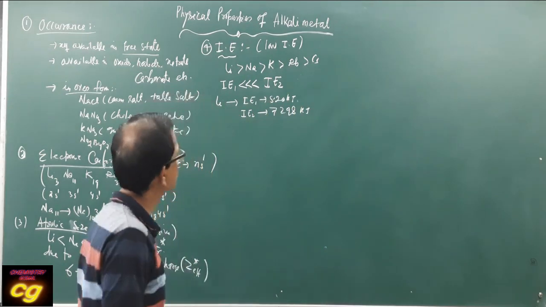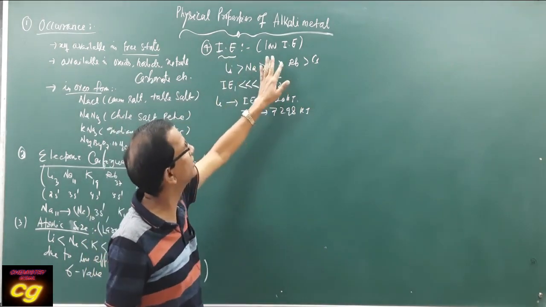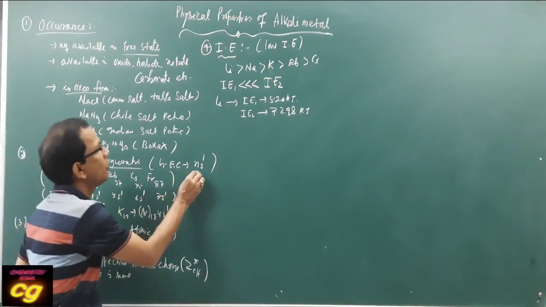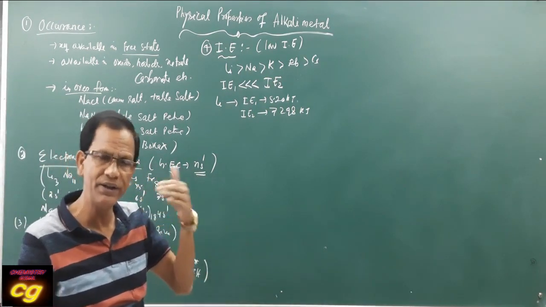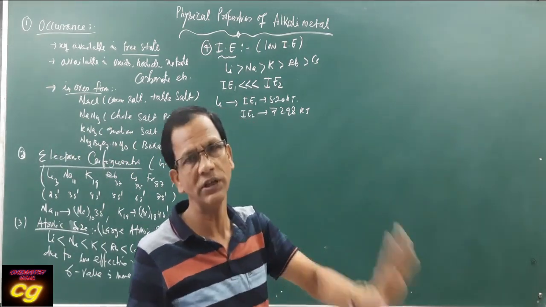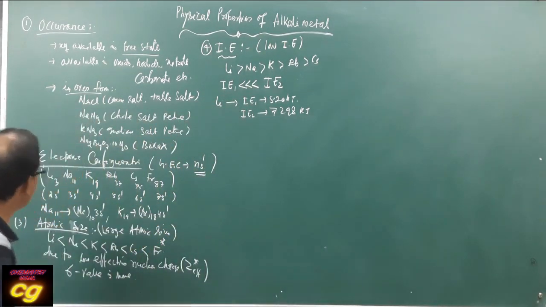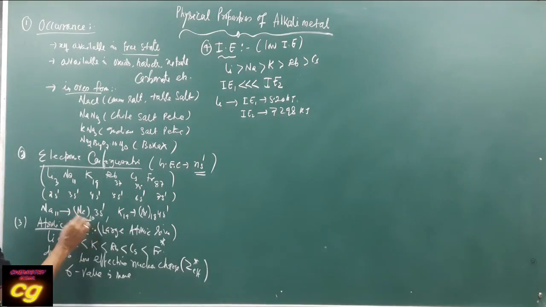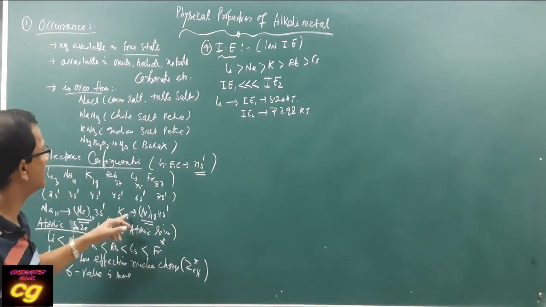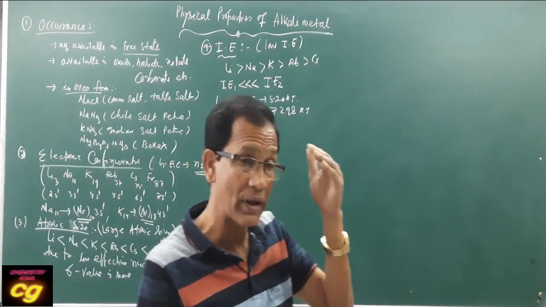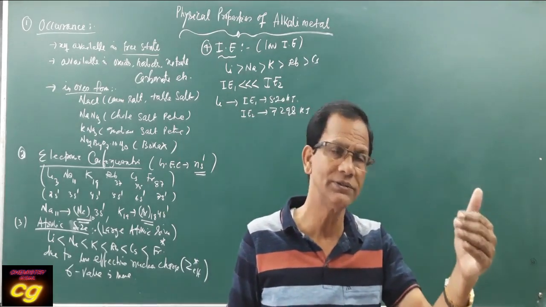Why? Because they have a single electron in their outer shell, they have a high tendency to lose it. But after losing this single electron, they attain noble gas configuration. Sodium will be like neon, potassium like argon, lithium like helium.